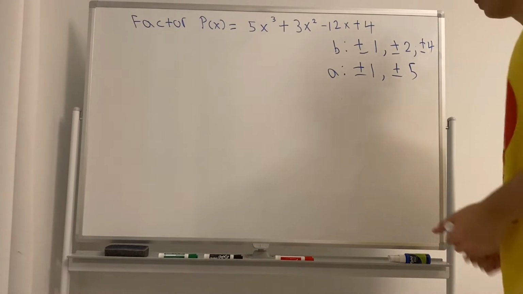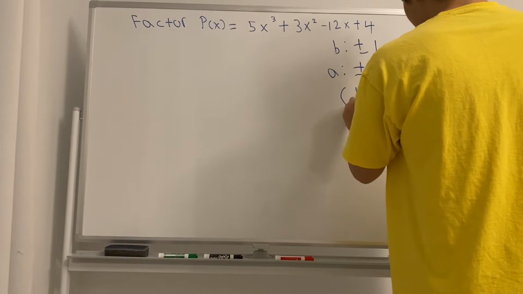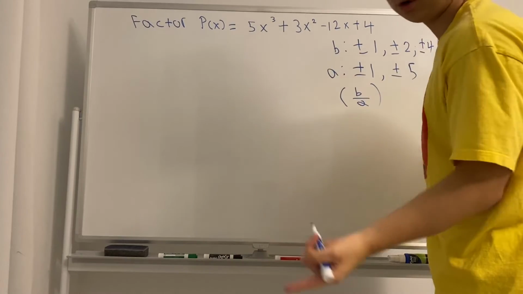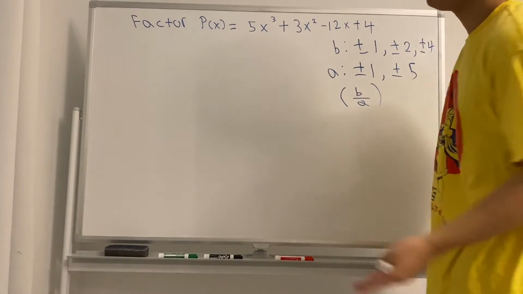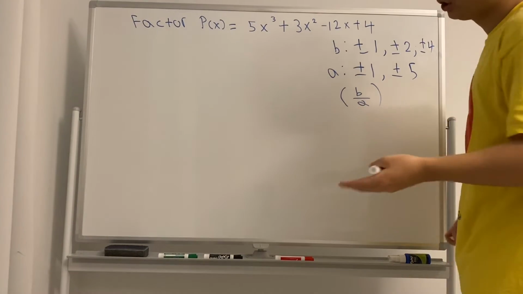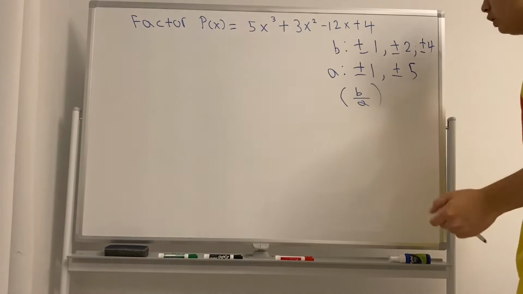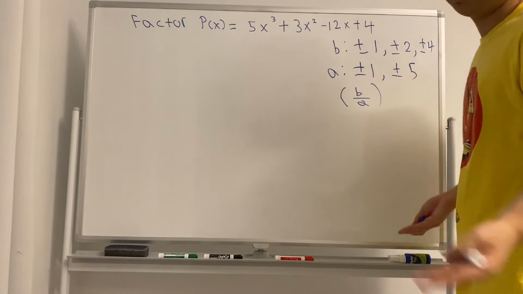So basically, if the value of b over a makes the polynomial equal 0, we know that whatever that value is, that's a factor of the polynomial. So you have to write out all the possibilities and see what works.